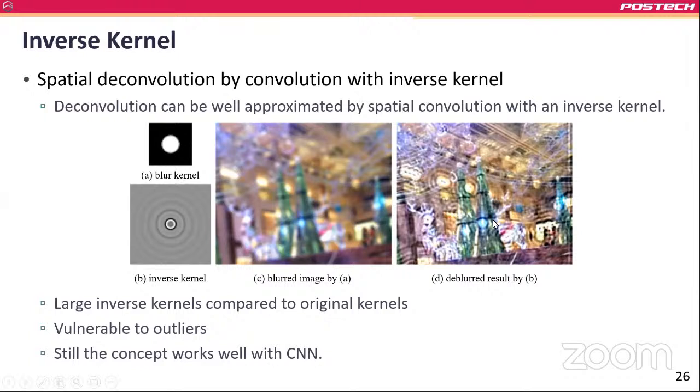Here you see some artifacts when we obtain this deblurring result by the inverse kernel. But still, when we use a CNN, a convolutional neural network, this concept of using the inverse kernel for defocus deblurring may work quite well. So we try to use this concept of the inverse kernel in this paper.